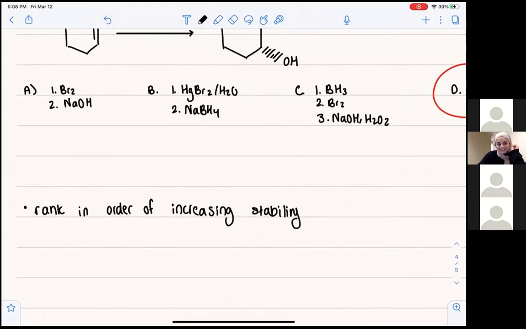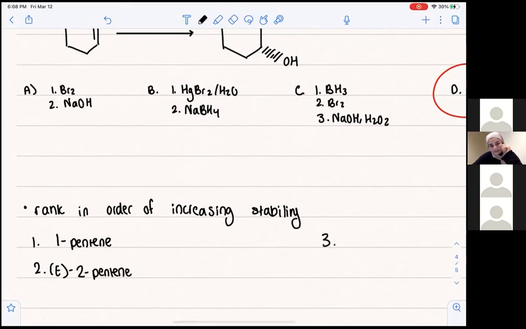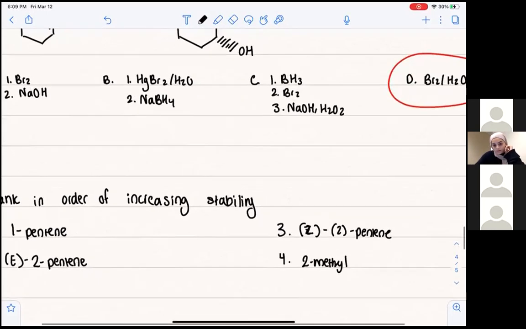Here we have 1-pentene, 2 is E-2-pentene, 3 is, oops, that's actually a Z-2-pentene, and 4 is 2-methylbut-2-ene.